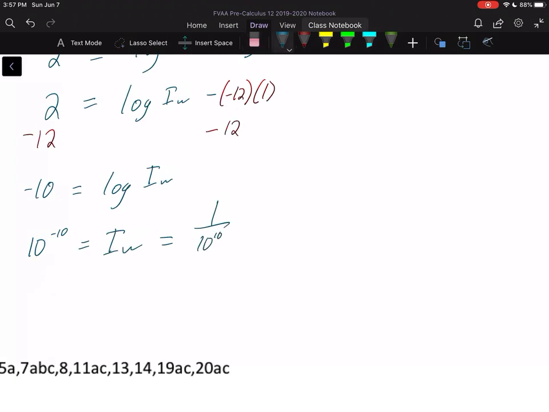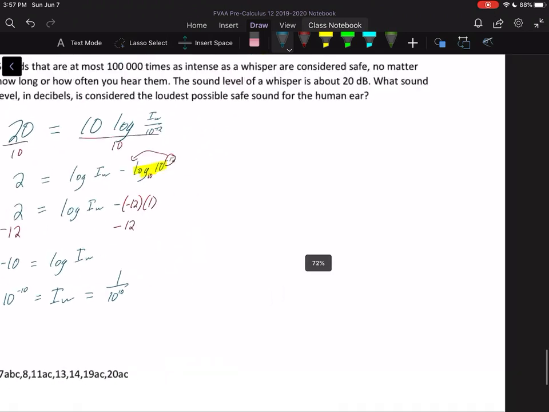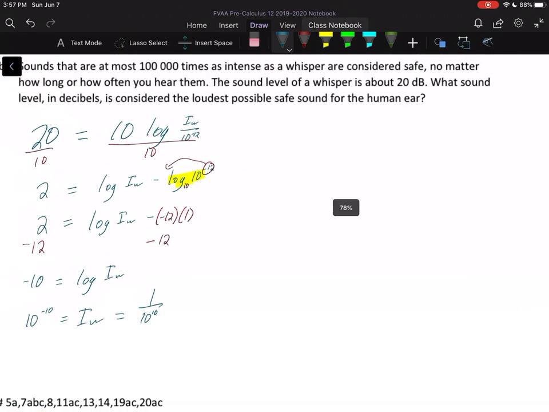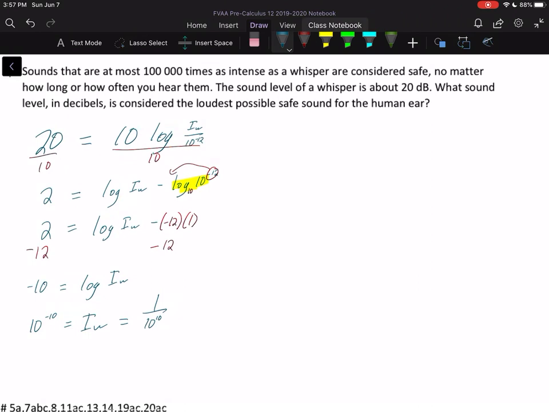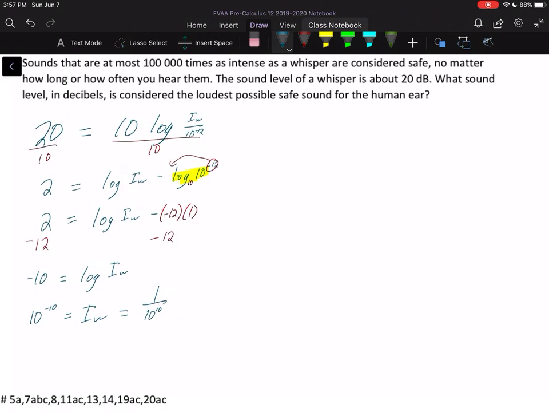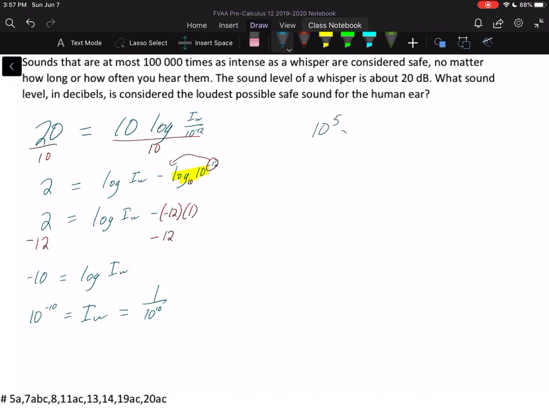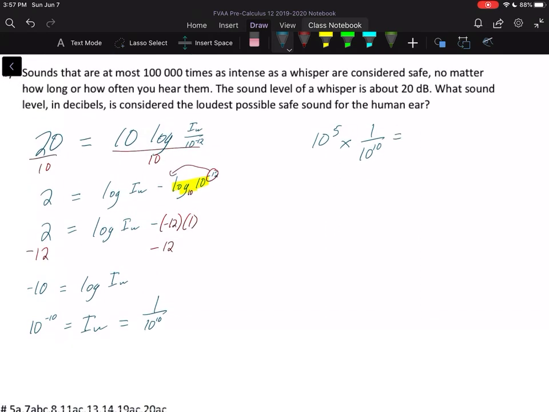That's the intensity of a whisper. Okay, now I can use that to figure out how many times more. If it's 100,000 times more, that is 10 to the 5 times 1 over 10 to the 10, which is equal to 10 to the 5 over 10 to the 10, or 10 to the negative 5.